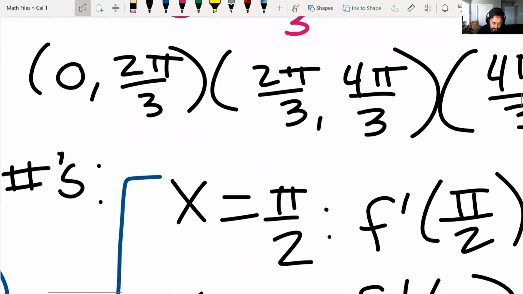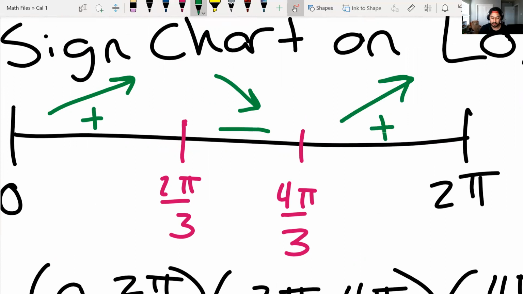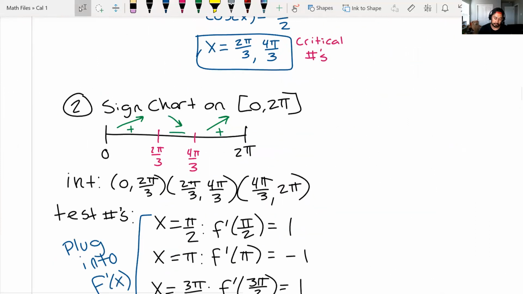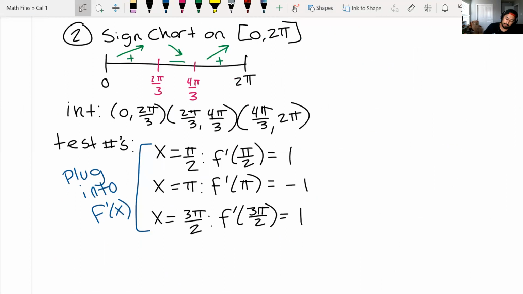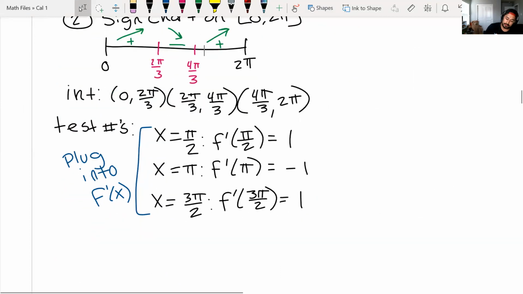So back to my sign chart, this means that from 2 pi over 3 to 4 pi over 3, we are negative and decreasing. And then the last number was positive 1, which means we are positive and increasing. There we go. Okay. And then step 3 is look for maxes and minimums.